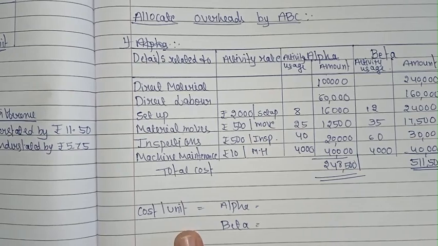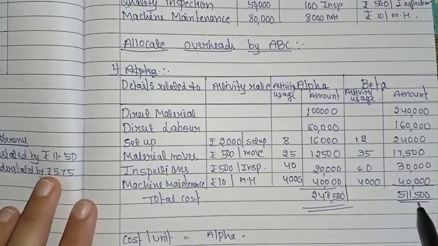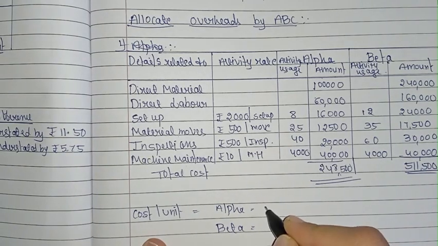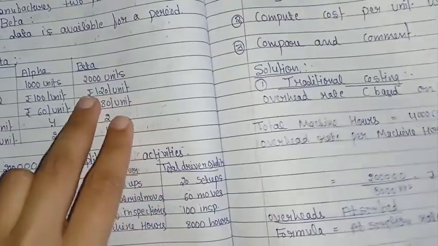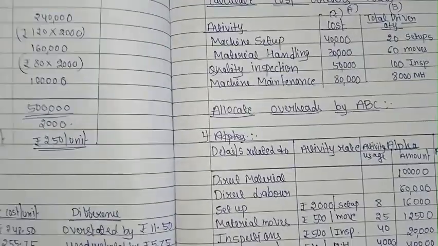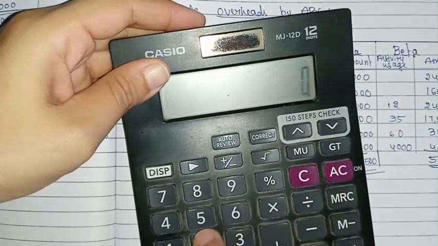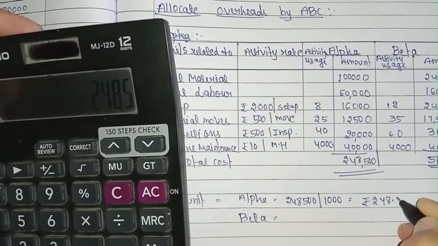Now we need to calculate the cost per unit. Total cost for alpha is 2,48,500 and for beta it is 5,11,500. So cost per unit for alpha equals total cost 2,48,500 divided by units produced. How much? That is 1,000 for alpha and 2,000 for beta, right? So 2,48,500 divided by 1,000 equals rupees 248.5.